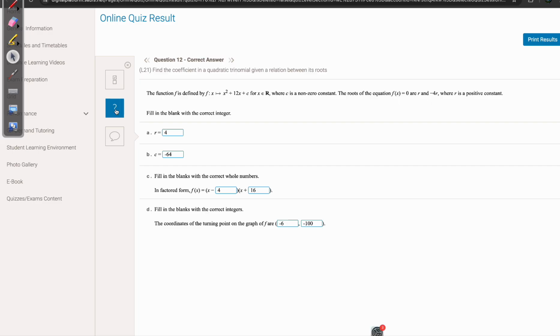Now look, here we have, in my opinion, my hardest question, because I never understood these rules. Because look, sum, we took this in 10s, is negative b over a. No. That's the product.